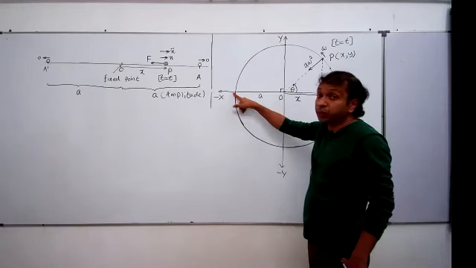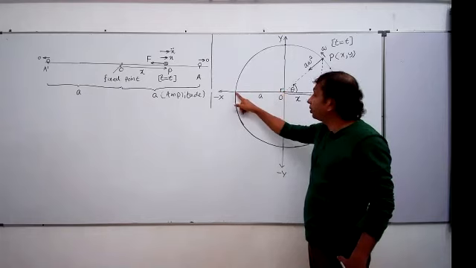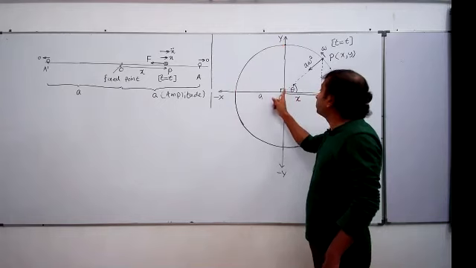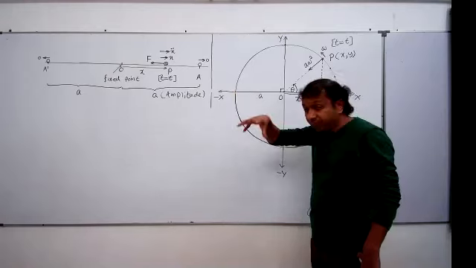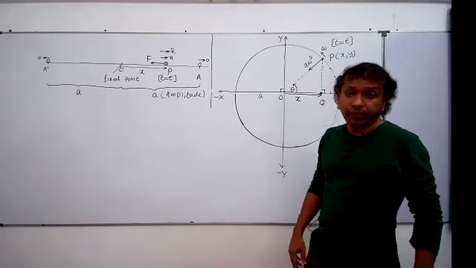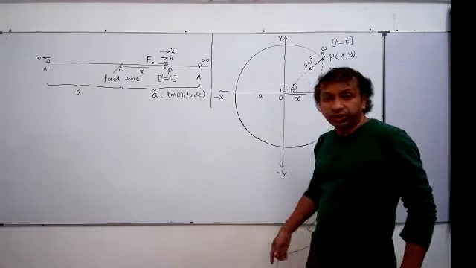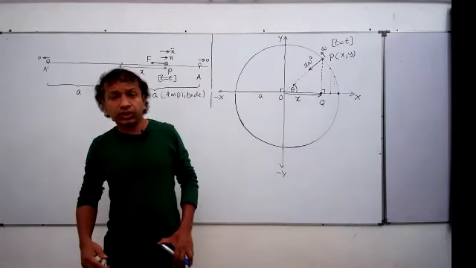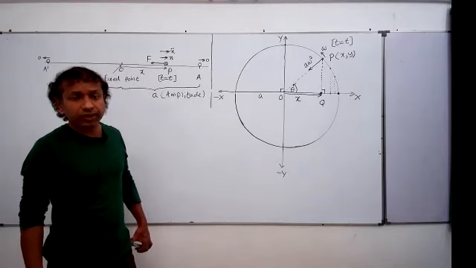Next thing, when the point P moves from here on the circle up to this point, what happens to the point Q? The perpendicular foot of P on the x-axis, Q, will be coming from here to here. Again, see the point P on the circle has moved horizontal displacement A. During the same time interval, people, the point Q also moves the same horizontal displacement. You can see a particular relation between the motion of point P and point Q. What is that?